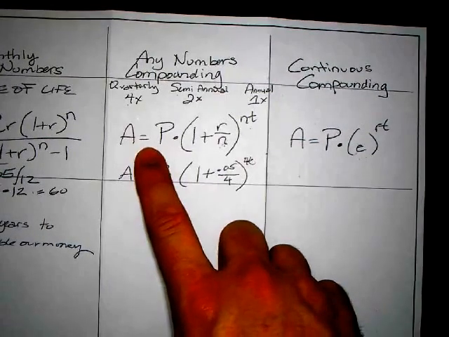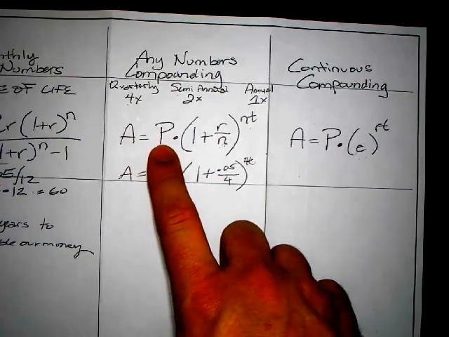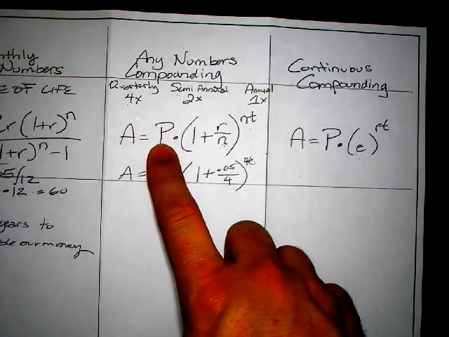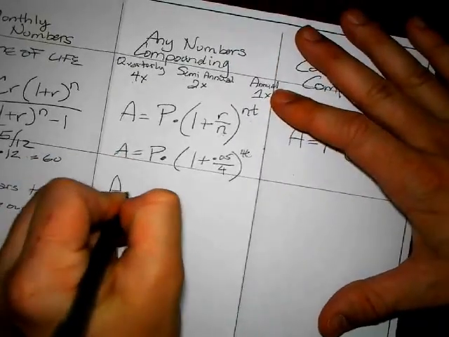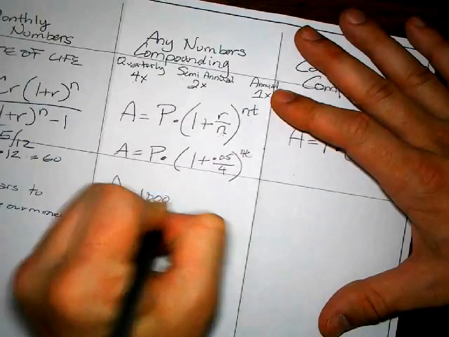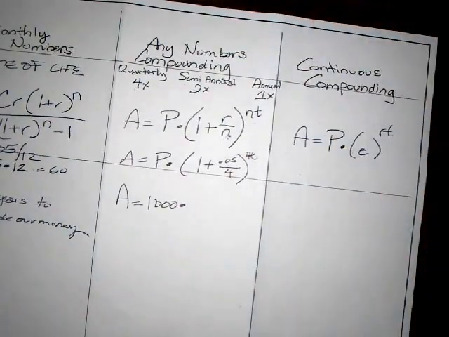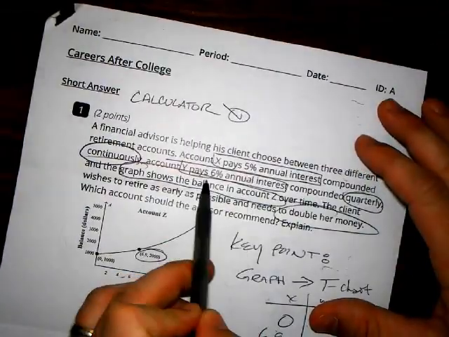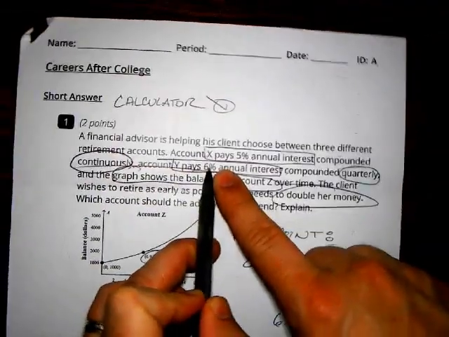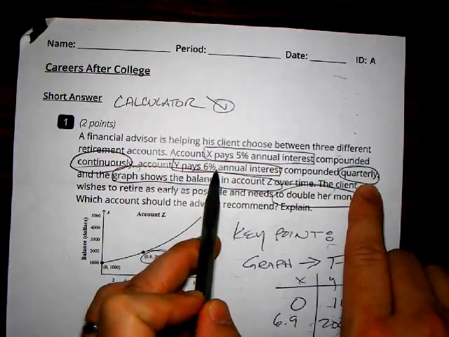So from here, we're going to say that we started with how much in this little example? Yeah, 1,000. Good. So P equals 1,000. Now they tell us that this is a 6% loan, and it's compounded quarterly.